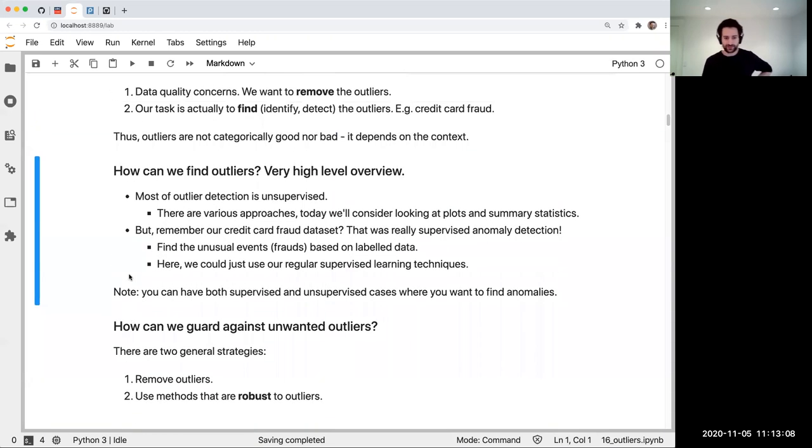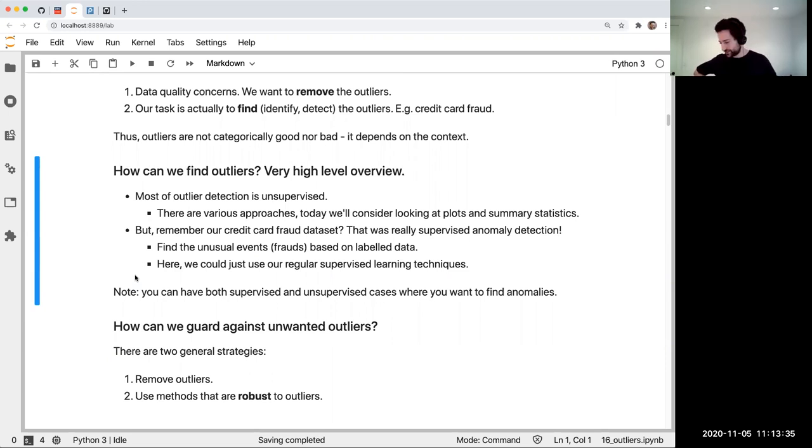Questions about this overview? Is there any metric to ensure whether the value is an outlier? Yeah, that's the thing. The problem is that there are many, many definitions of an outlier.